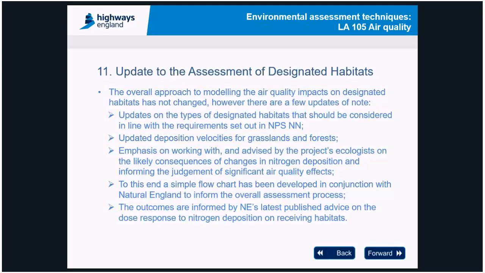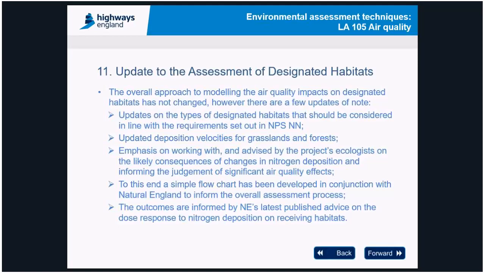Actually, it is the competent expert undertaking the work to do that job and provide the advice to their scheme ecologists, and them to come to a view and provide that advice and outcome to inform the overall consequential impacts and judgment of significance for air quality.